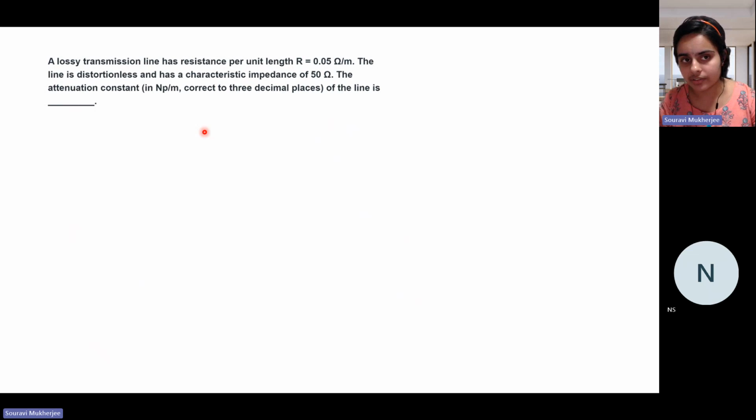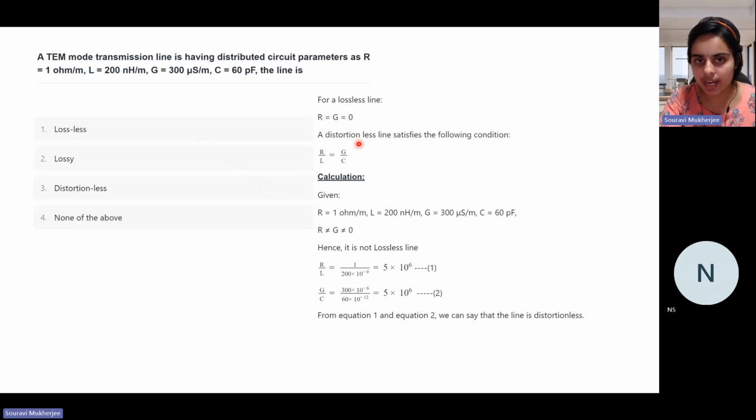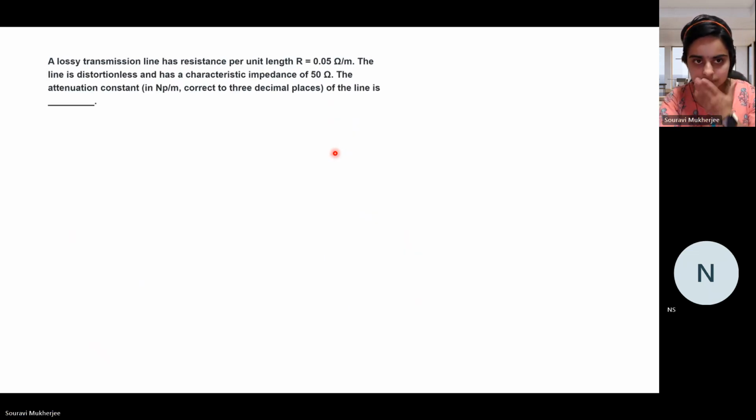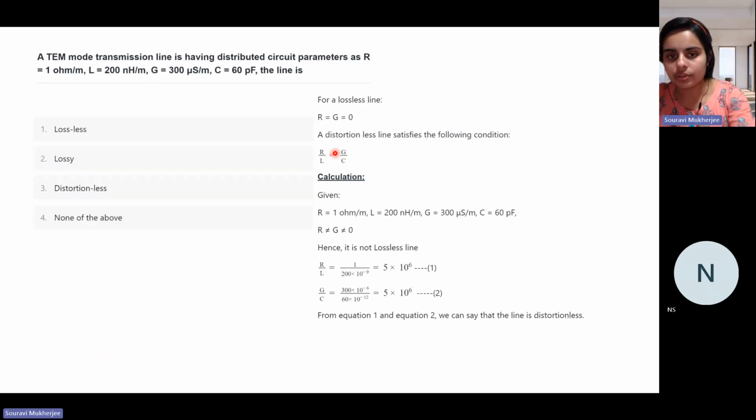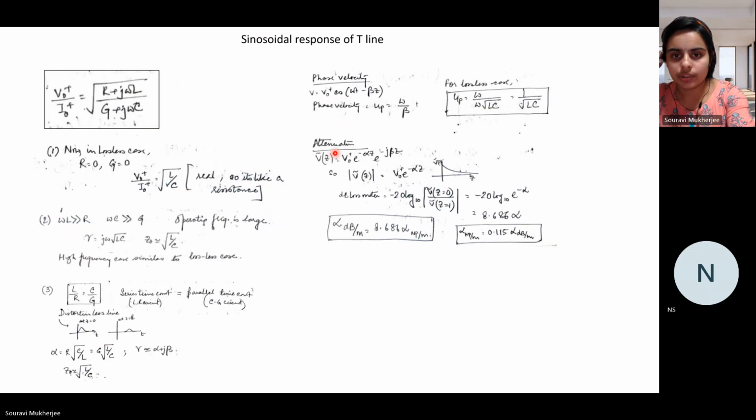So what values are known? R is known. We know that it satisfies this condition, and we know the value of Z naught, right? So can you try to find alpha? How do we find alpha? Look at the expressions and see how we define alpha. What is the expression that defines alpha? For a distortionless line, this is how alpha is defined, right?